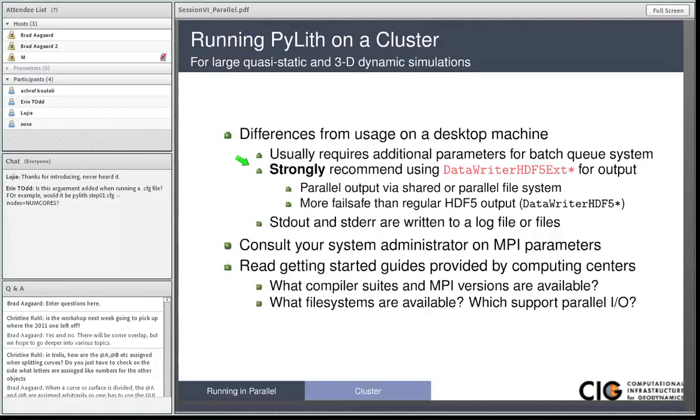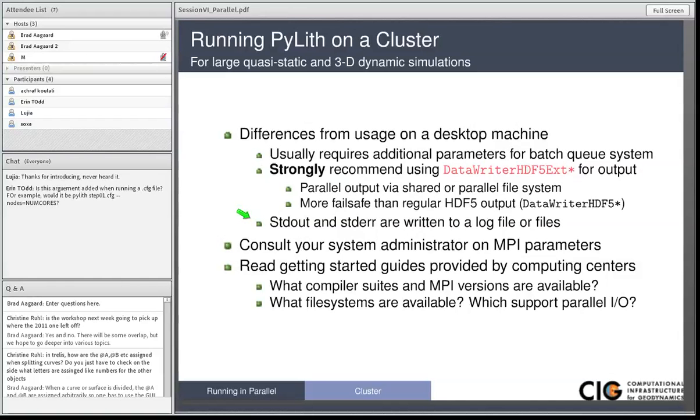When you're running on a cluster, you also want to take advantage of parallel file systems if they exist. Other things to note are that your standard output and standard error, instead of generally being written to the screen, because you're running through a batch system, are going to end up in log files. Some batch systems will allow you to combine your standard output and standard error into a single file, or you can keep them in separate files.